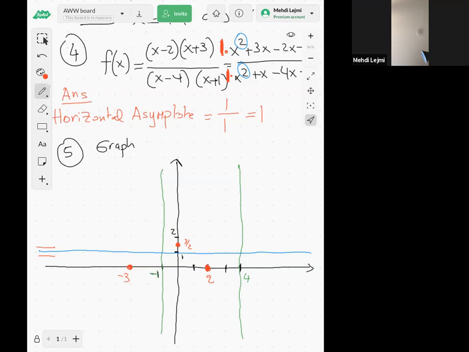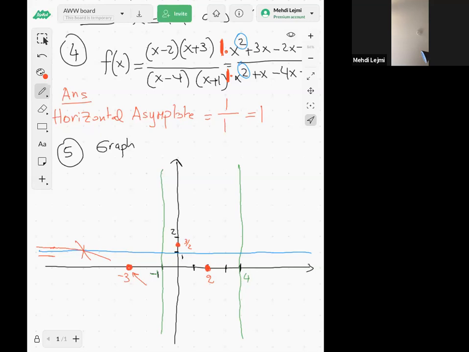Now the thing, guys, is I have this x-intercept at -3, right? So after I start from my horizontal asymptote, I have to connect to this x-intercept at -3. And again, you are not supposed to cross the horizontal asymptote at infinity.